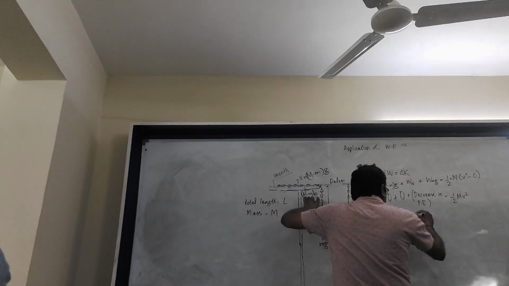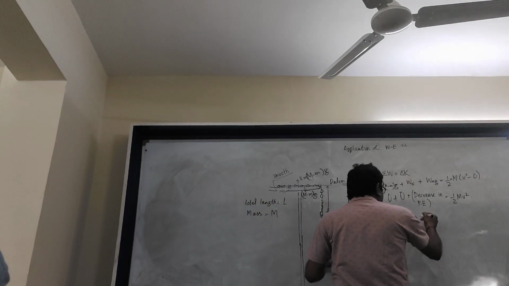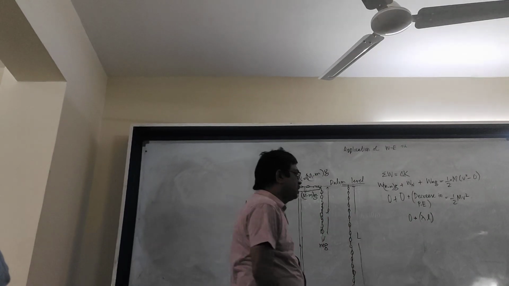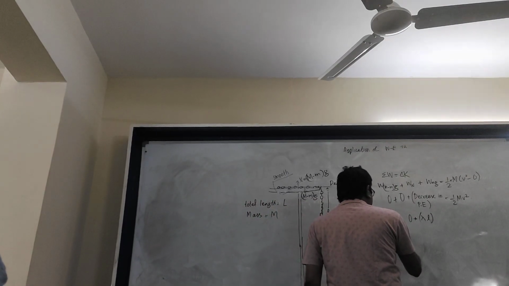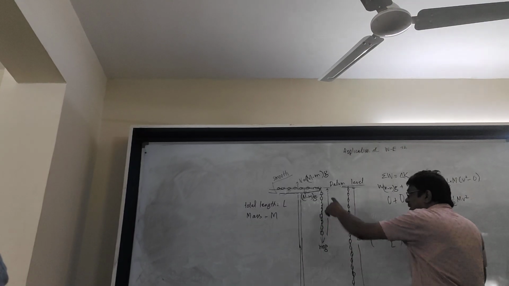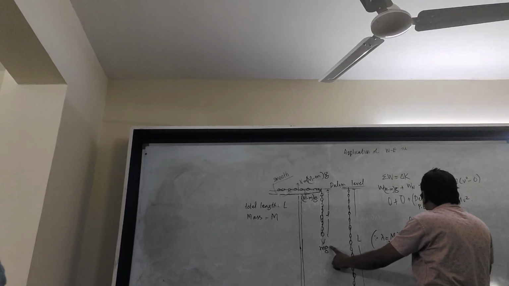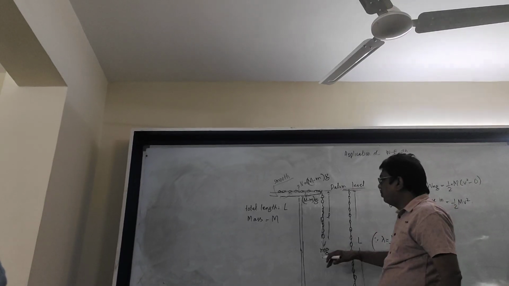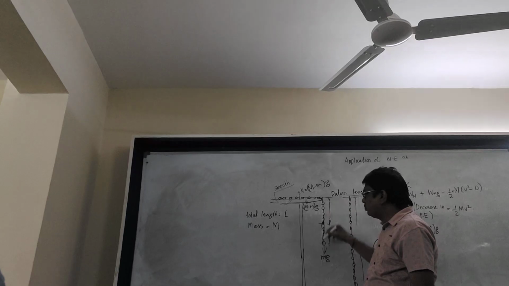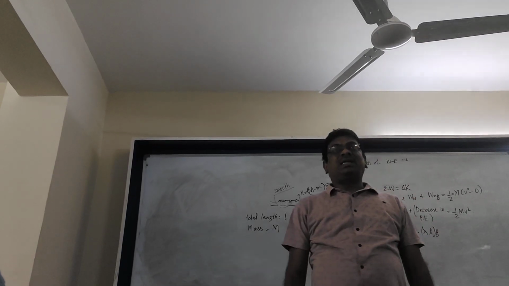Then this will have mass M, which I have taken. If I take mass per unit length as lambda, then mass per unit length times length gives the mass. As I told you, for a composite body, imagine the entire mass to be concentrated at the midpoint, because for a uniform body, the center of mass lies at the midpoint.